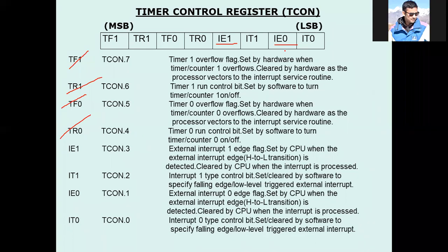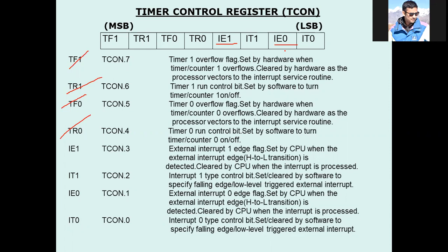That means whenever a square wave is there, it continuously changes its position from 0 to 1 and 1 to 0, 0 to 1, 1 to 0. So 0 is low and 1 is high.